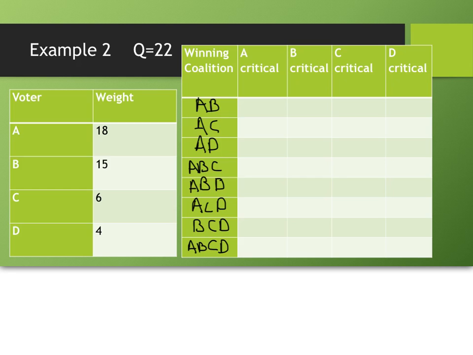So expect to have blank spots and things like that. So here's what I want you to do. I want you to go through and for each of the voters, calculate their critical count. First off, push pause on the video, calculate each voter's critical count, and then come back.